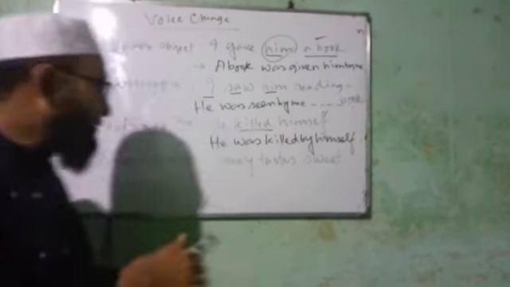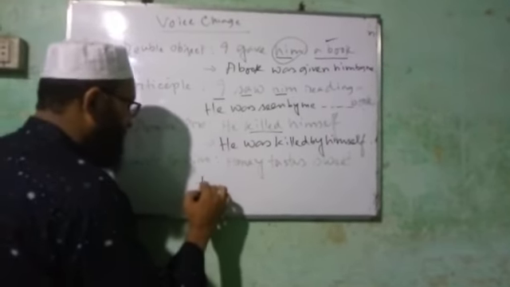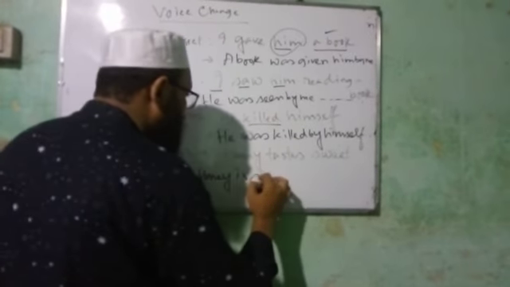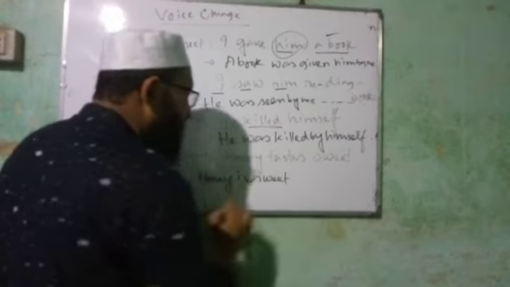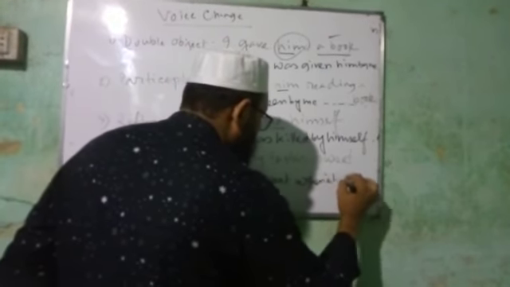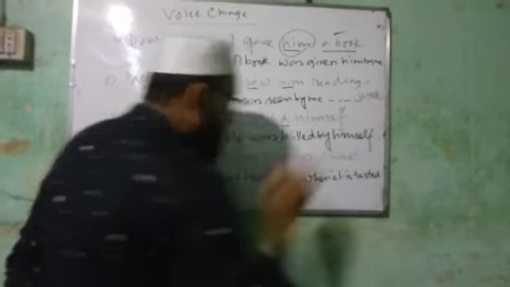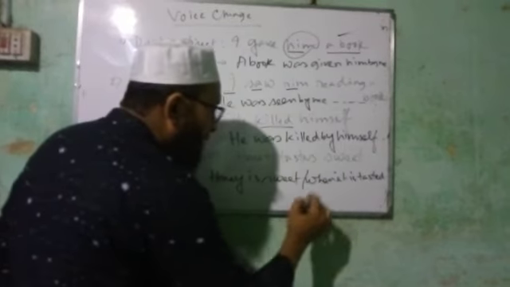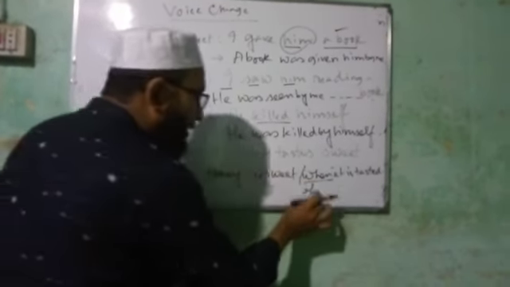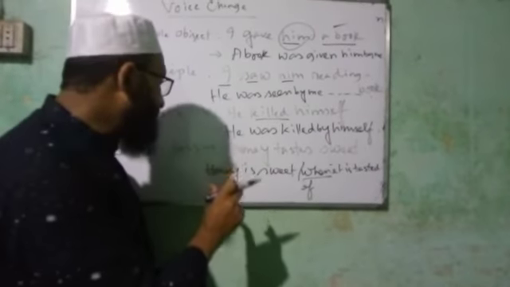Like this: honey tastes sweet, so it will be honey is sweet when it is tasted, or in place of when we can say if. Honey is sweet if it is tasted. It is the method of changing cohesive.